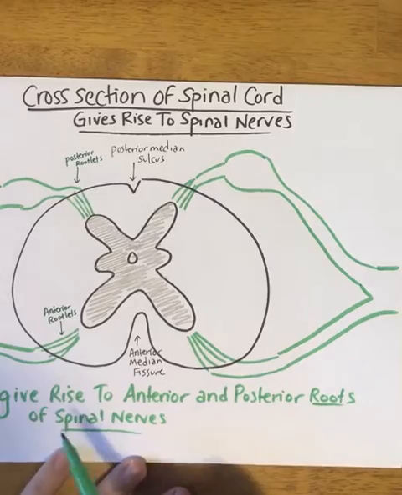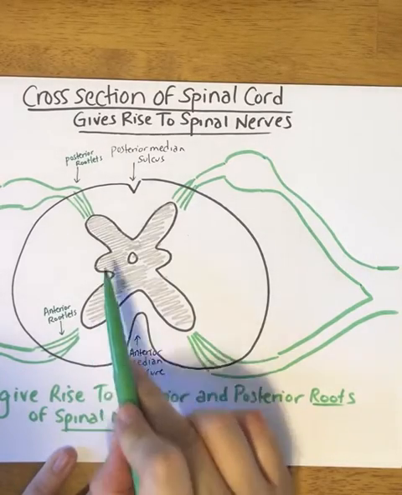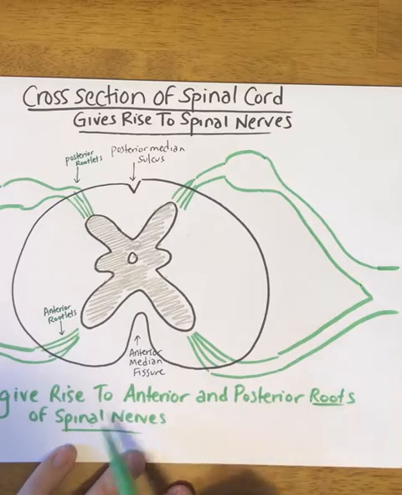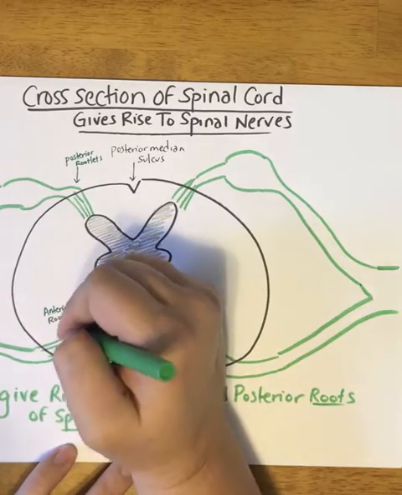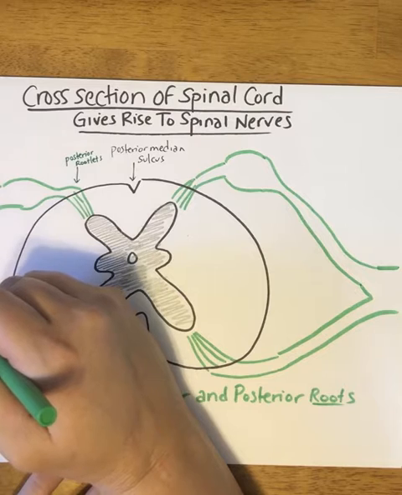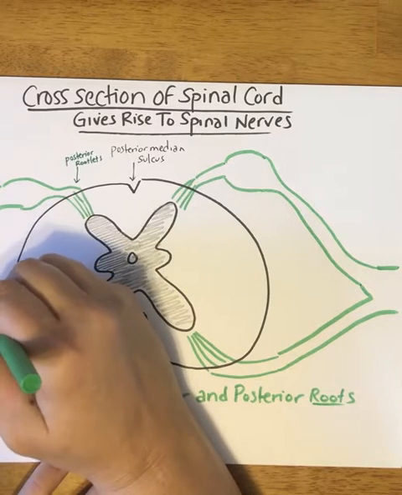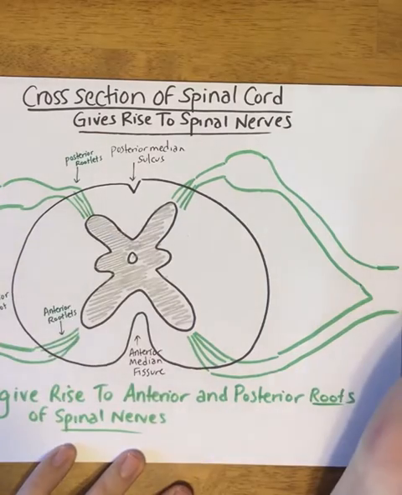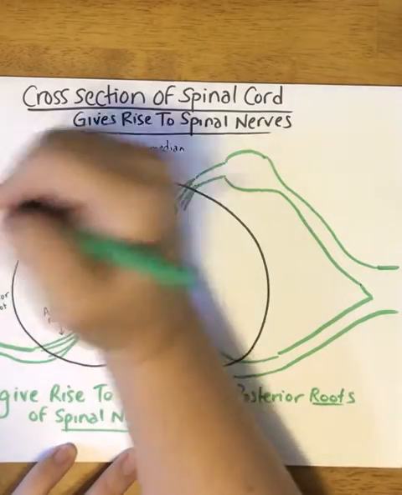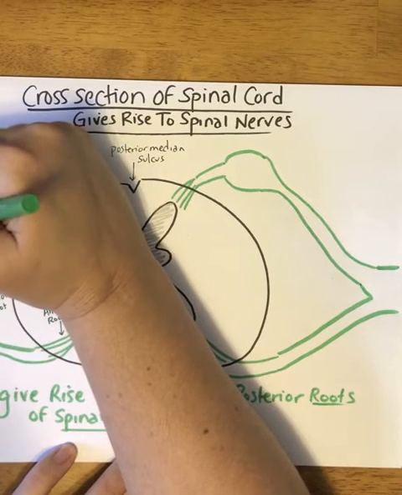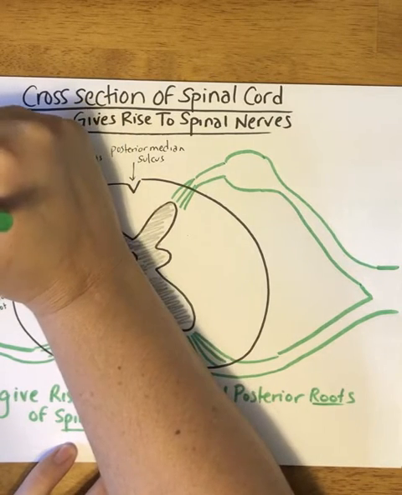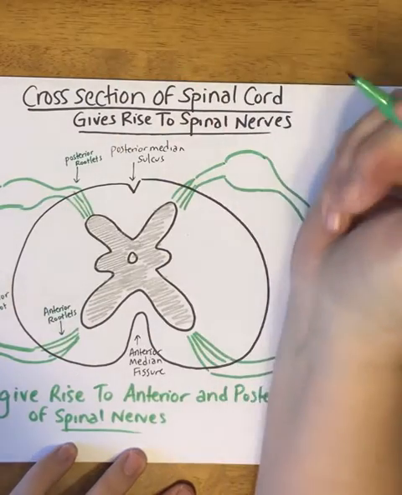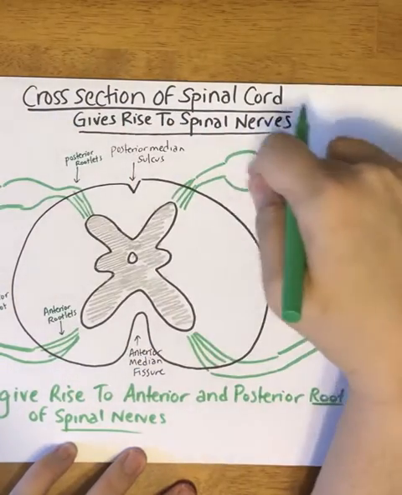So we say that horns, which is the anterior and posterior gray horns, give rise to anterior and posterior roots of spinal nerves. So the anterior rootlet is going to become one, and we call this the anterior root of the spinal nerve. This side over here is called the posterior root of the spinal nerve. Now, you can see it better on this side.